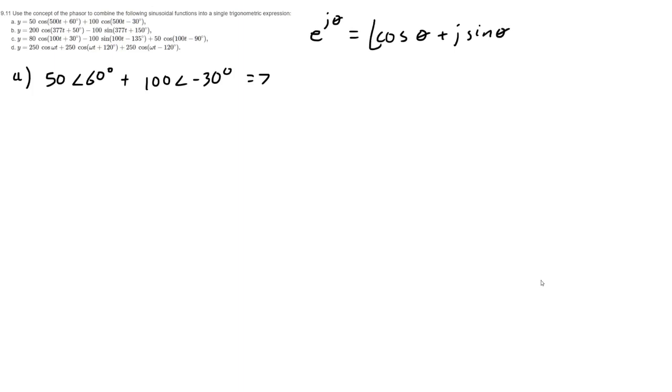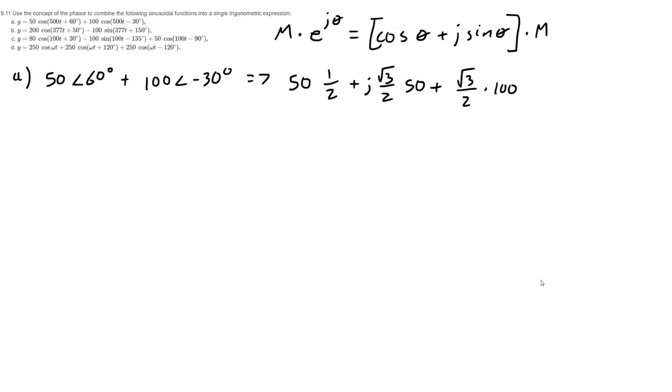And if we wanted to, we could say, here's the magnitude. So I'm going to do 50 times the cosine of 60 degrees, which is 1/2, plus j root 3 over 2, which is the sine of 60 degrees, times 50, plus root 3 over 2 times 100, which is the cosine of minus 30 degrees.